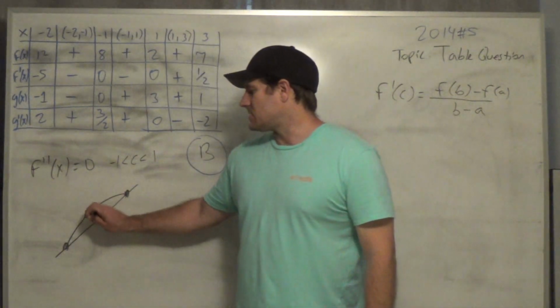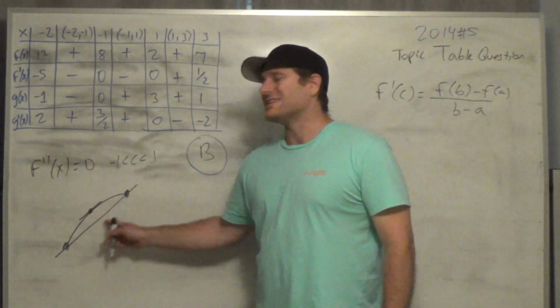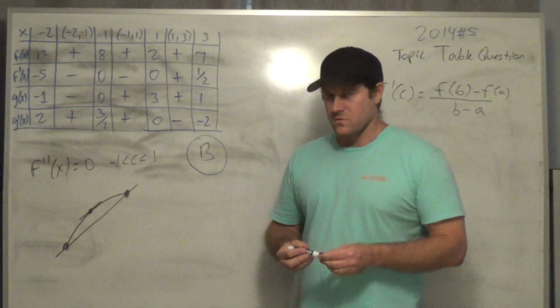So the mean value theorem guarantees at some point C, the slope of the tangent line will be the same slope as the slope through the endpoints.